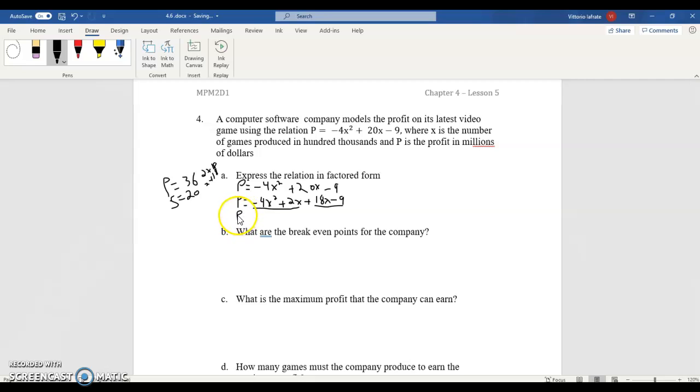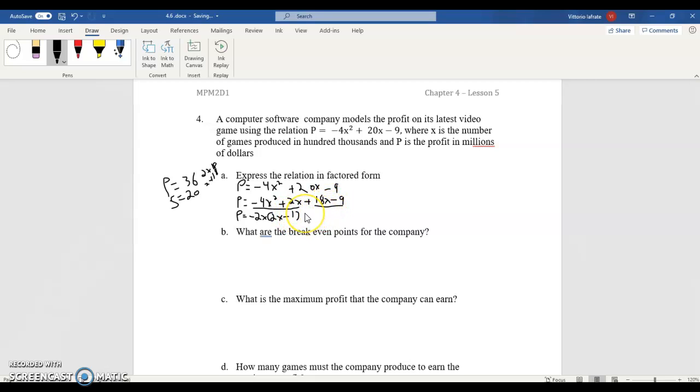So we'll have P is equal to, from here I can take out a negative 2x, it looks like. I want to try to have the x values in my brackets being positive if I can. So when I take out negative 2x, I get 2x minus 1 over here.